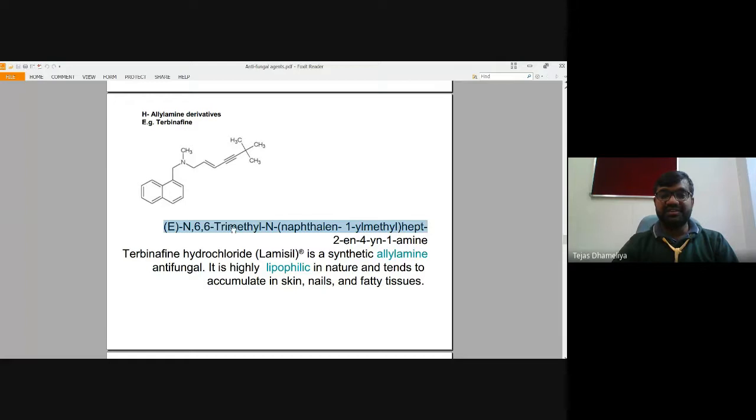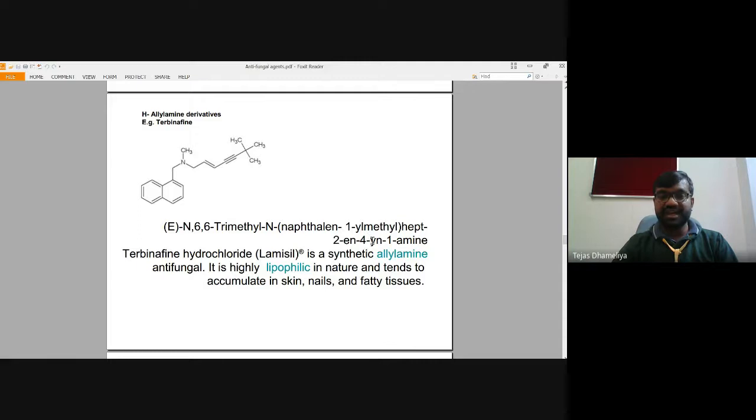So it is connected this way with methyl, naphthalene, methyl, and trimethyl. This is basically heptene: 1, 2, 3, 4, 5, 6, and 7. So it is a 7 carbon, big long chain, which has a double bond at the second position and a triple bond at the fourth position.